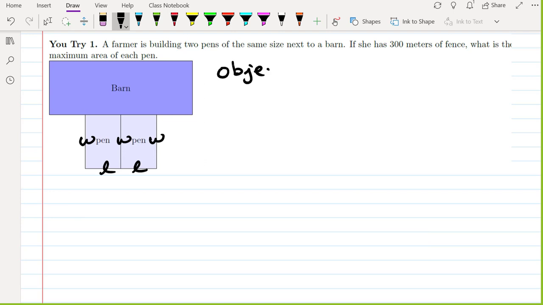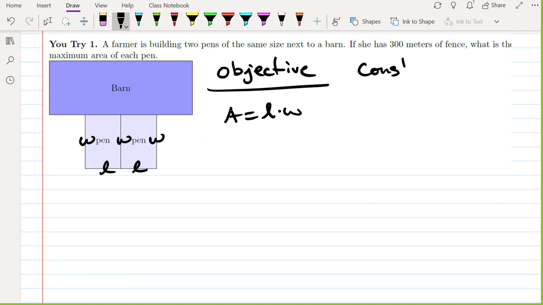So we have our objective function. In this case it would be length times width, and our constraint, at least in the way I drew the diagram, and if you drew it the other way you get the same answer, is that our perimeter of 300 would be 3W plus 2L.